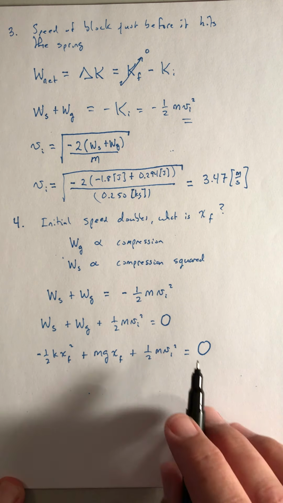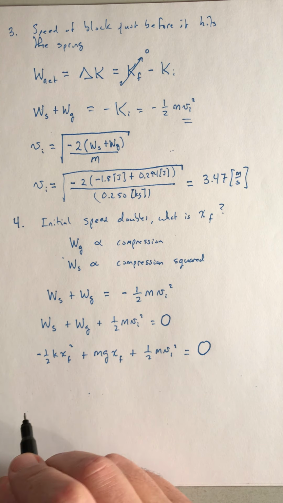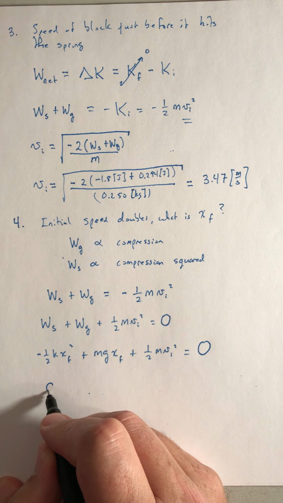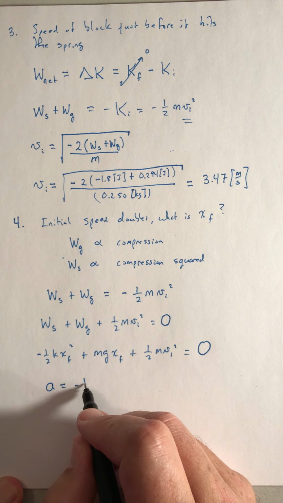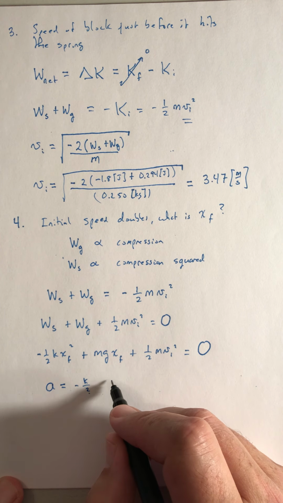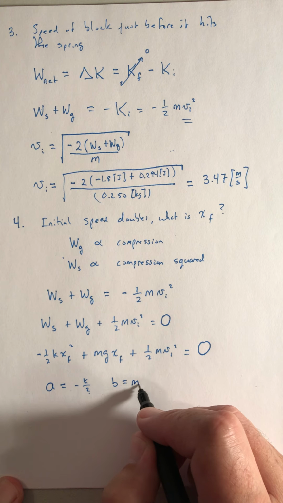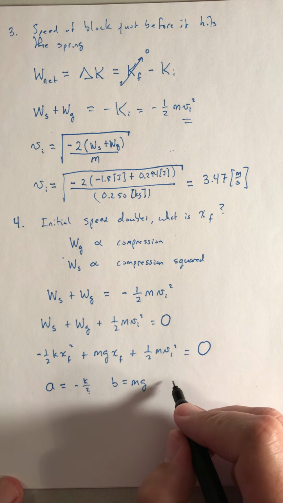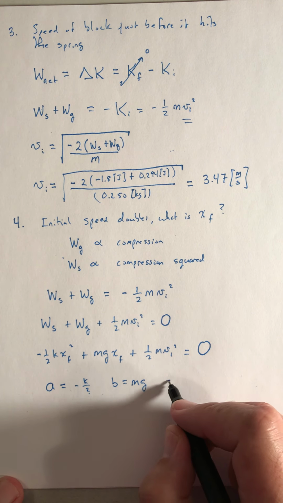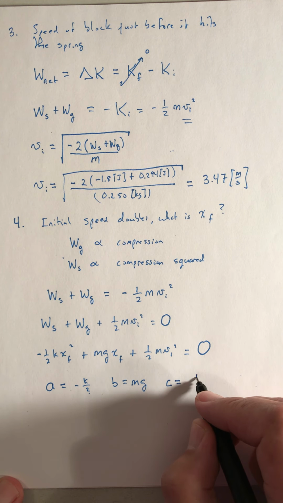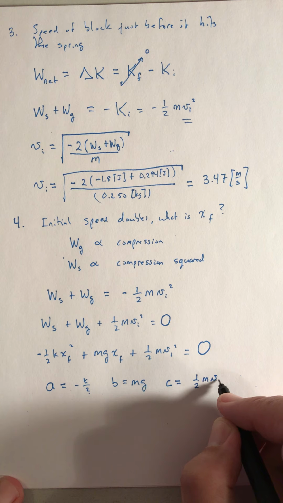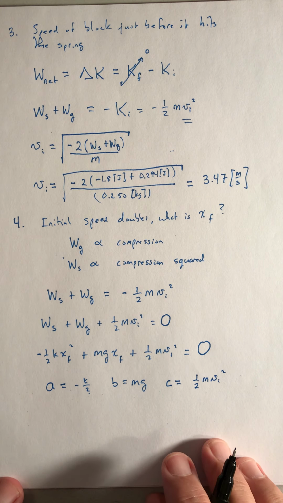So this is a quadratic equation to solve for x final. Our a in the quadratic formula is going to be minus k over 2. B is the weight, mg, and c is the initial kinetic energy, half m v initial squared.